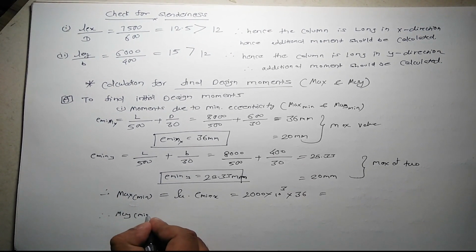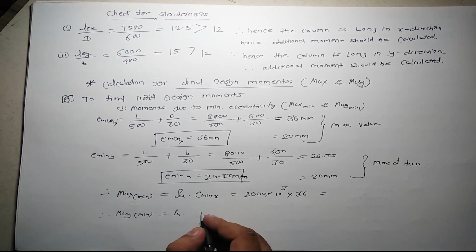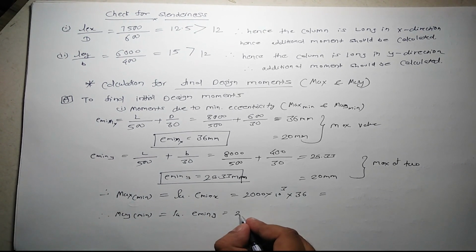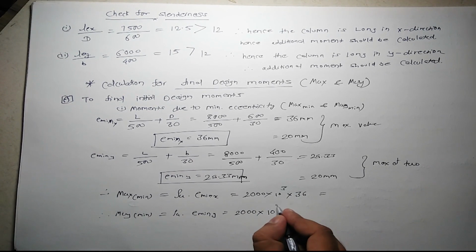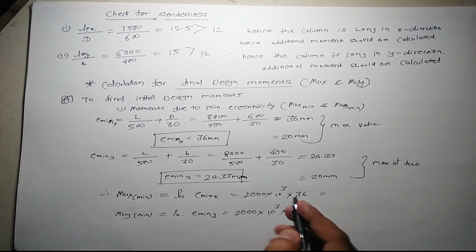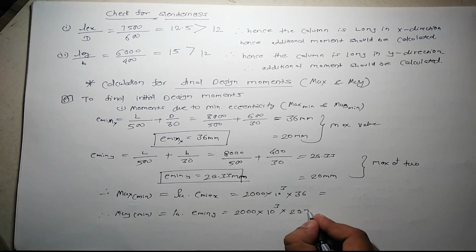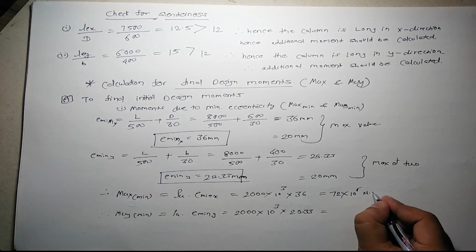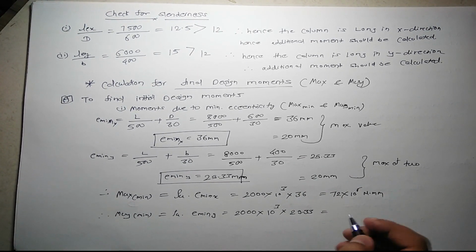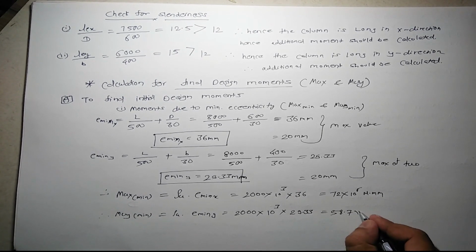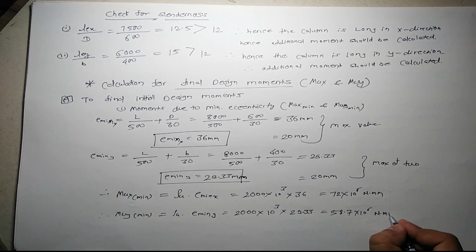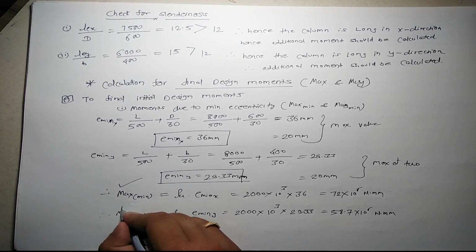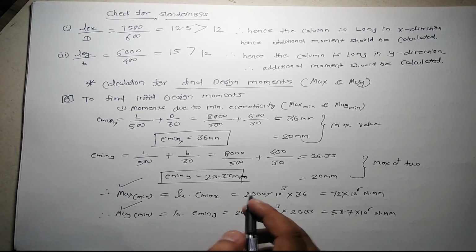Muy minimum equals ultimate load into e minimum in the y direction, that equals 2000 into 10 to the power 3 newtons into 29.33. It comes out to be 72 into 10 to the power 6 Newton mm, and 58.7 into 10 to the power 6 Newton mm. By this way we have got the value of Mux minimum and Muy minimum. I hope you understood this step.